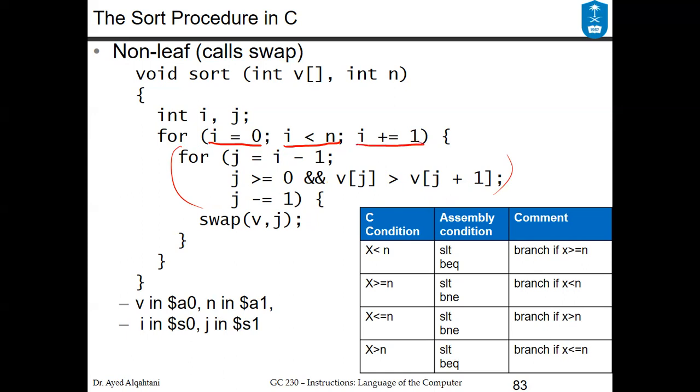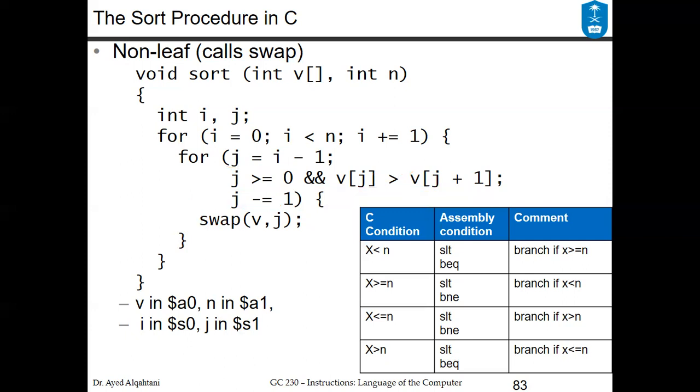So if we want to number them, this is number 1, number 2, number 3 is the body, and number 4 is the last statement. Similarly for this one, this is number 1, and then number 2, number 3 would be the swap, and number 4 is the decrement.